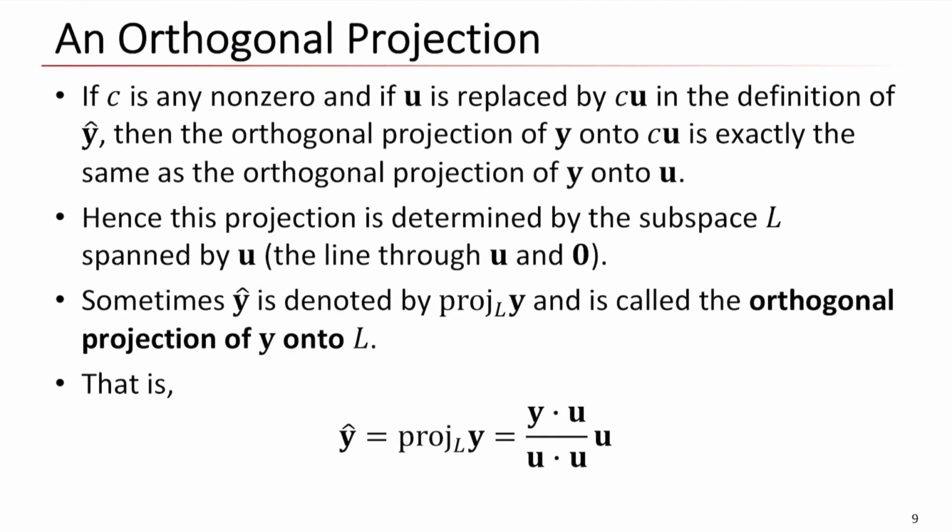In other words, if c is any non-zero scalar value, and if the vector u is replaced by cu in the definition of the y hat, then the orthogonal projection of y onto cu is exactly the same as the orthogonal projection of y onto u. Why?